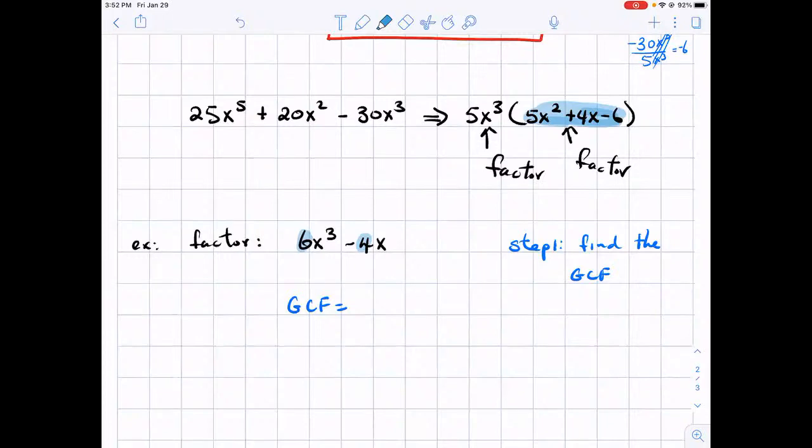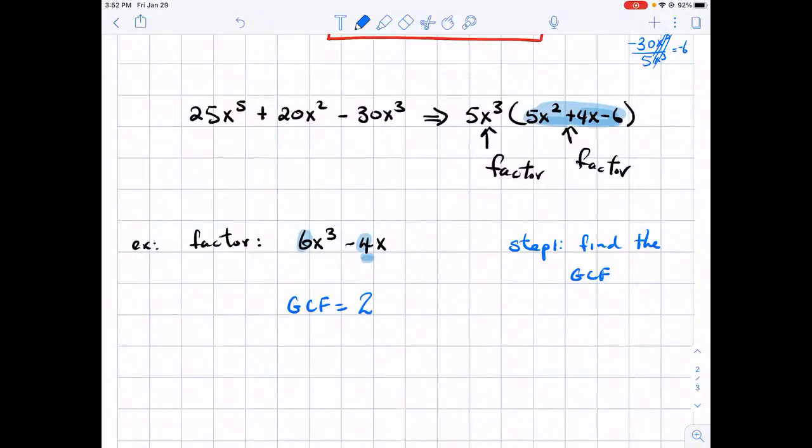And then finally, the largest possible number it could be is 4. 4 is divisible by 4, but 6 is not divisible by 4 evenly. You'll get a fraction. So trying, we saw that the GCF is 2.